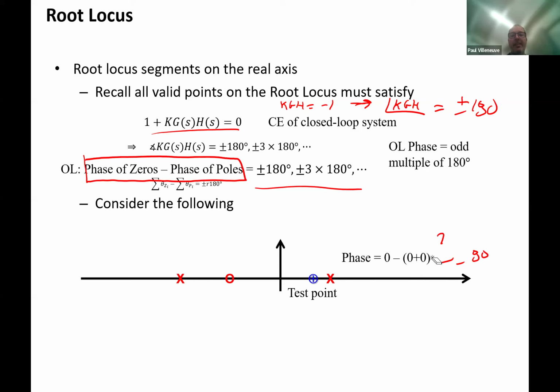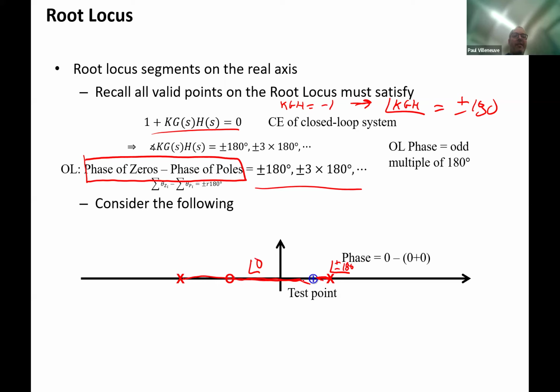Let's clean up my mess here. All right. So what is the angle here? Or plus 180, right? So the angle over here is either plus or minus 180. What about over here? That one's 0.